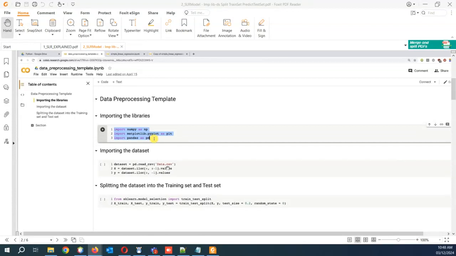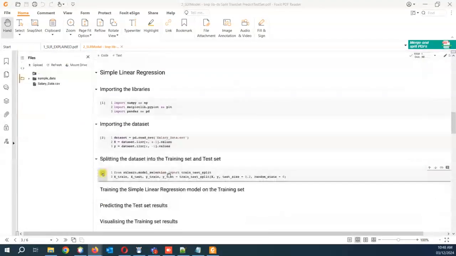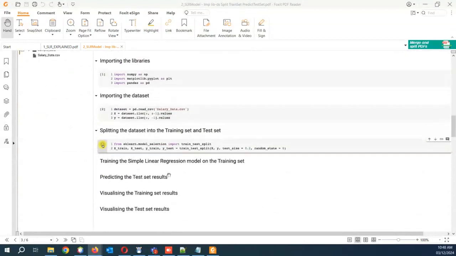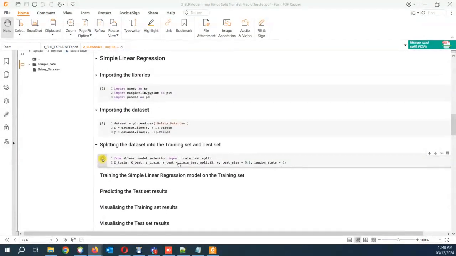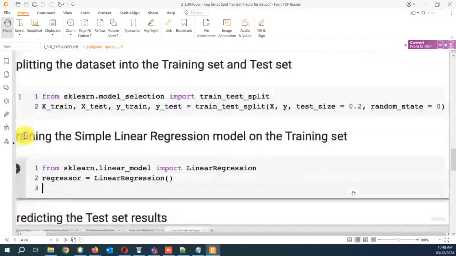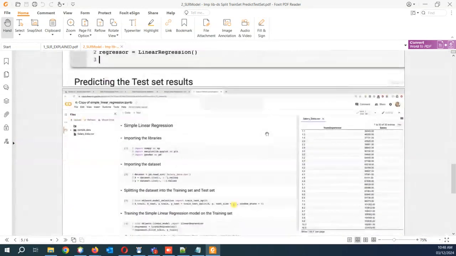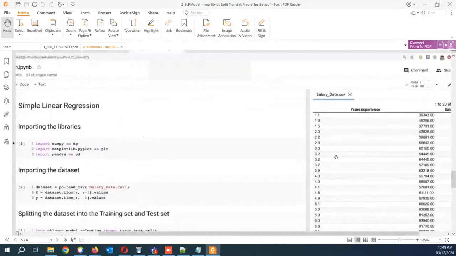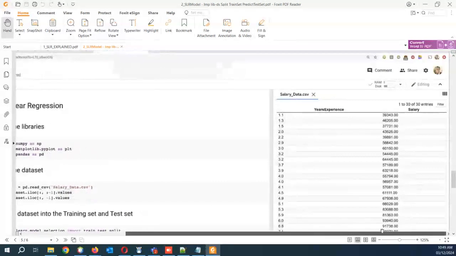Coding part, just copy and paste. So the scenario that we are going to discuss right now is this one.